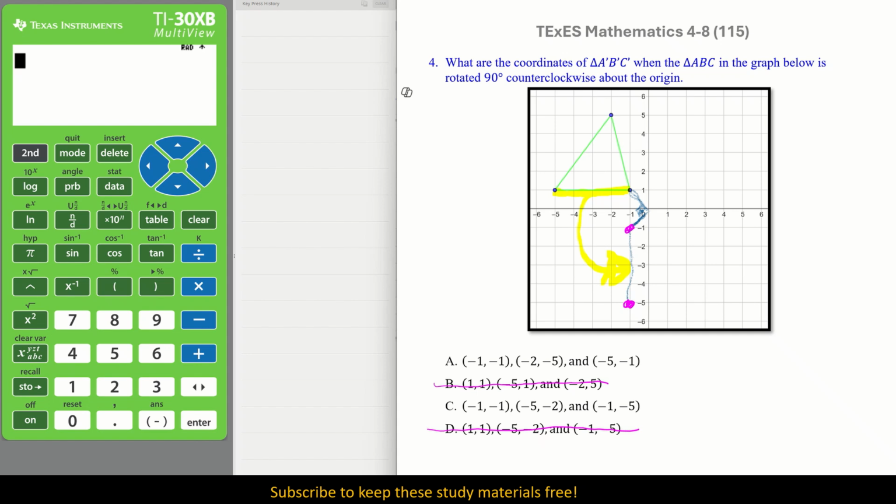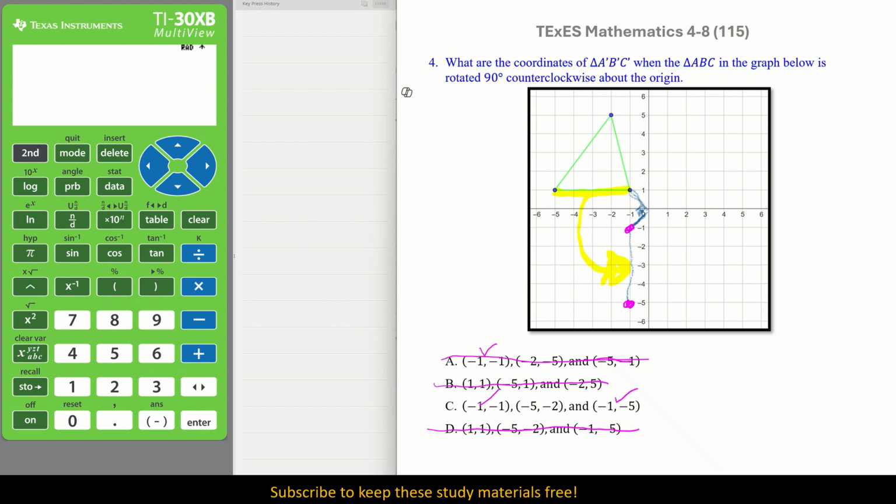I had -1, -1, but the other one should be -1, -5. That eliminates A. It's backwards. It's not showing a correct rotation. But C has what we need.